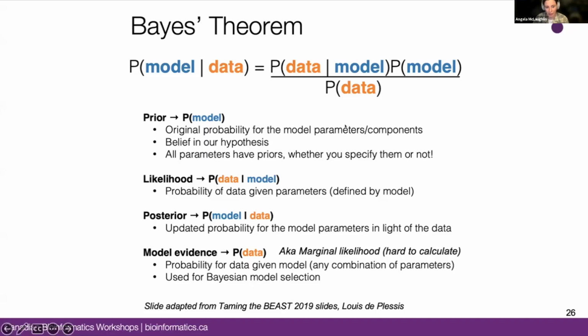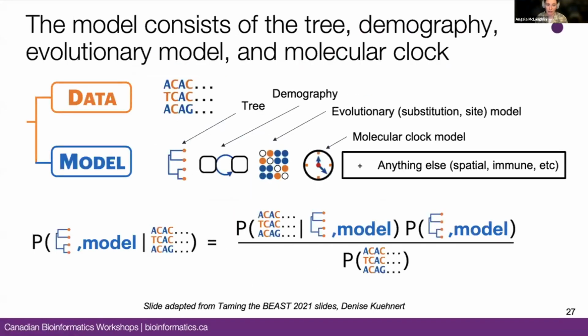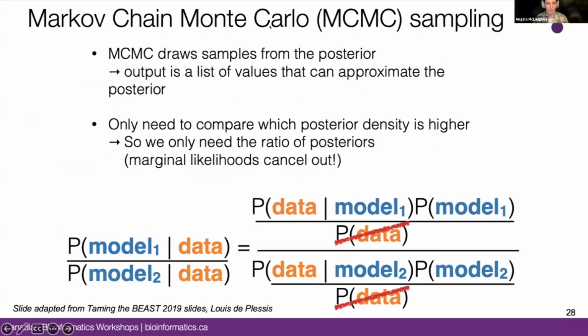And then in the denominator, we have the probability of the data. This is also called the marginal likelihood, and it's very hard to calculate. And a nice thing about Bayesian model selection is, so I'm just going to skip ahead one and come back, that when we compare two models, one over the other, the marginal likelihood actually cancels out.